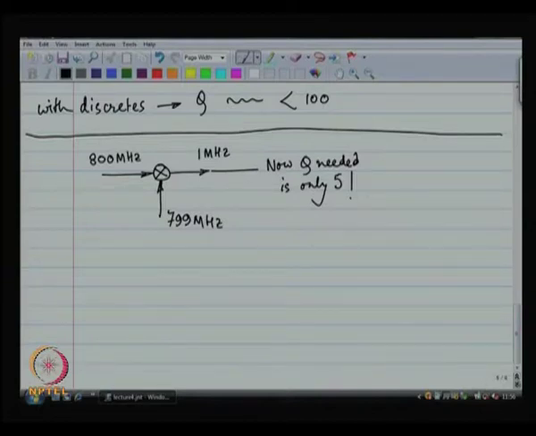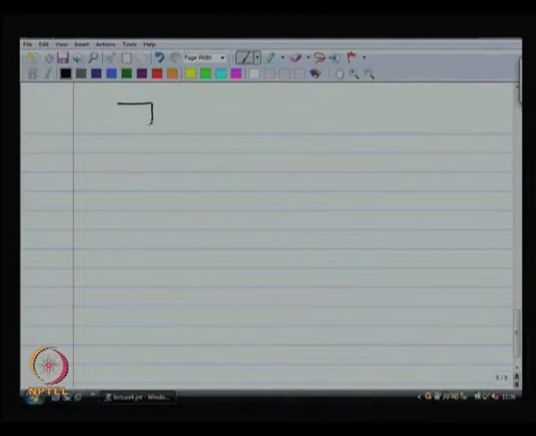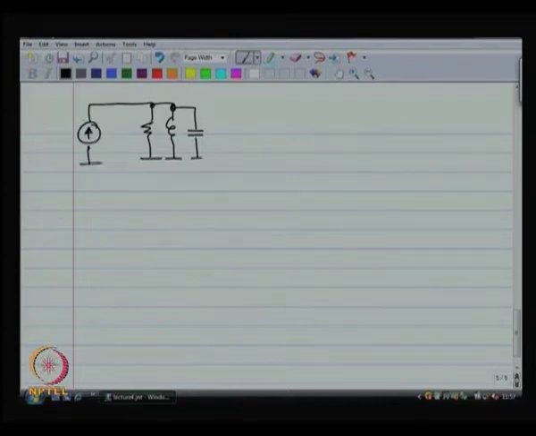Okay. The next observation that is important is the transient response. So, if this is my network and instead of a continuous current, suppose I apply a pulse or a square wave or a step function.